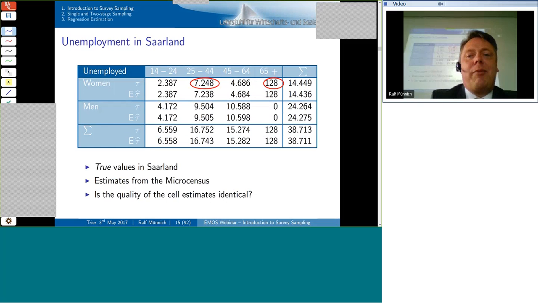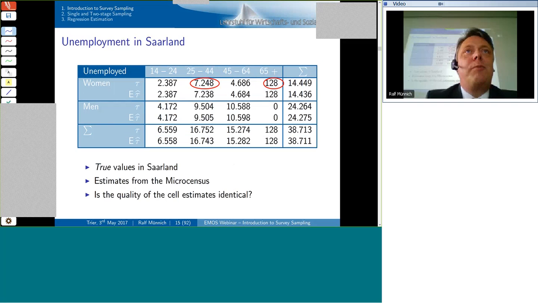I will tackle these two values, surprisingly. One is a small value, of course: unemployed elderly women is a rare event. Then a classical group, 25 to 44, where we have more observations. Certainly my question to you is whether the quality is the same.